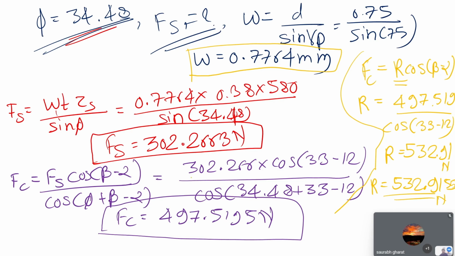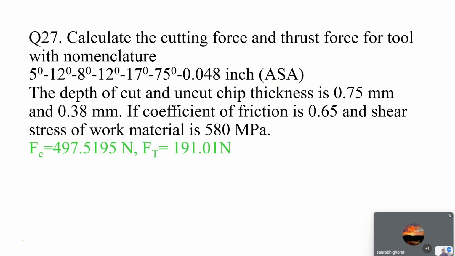Okay, you got R. After that you know Ft, because Ft is equal to R into sine of beta minus alpha, because you are taking the thrust force, and beta minus alpha is the angle that you get from the Merchant circle.